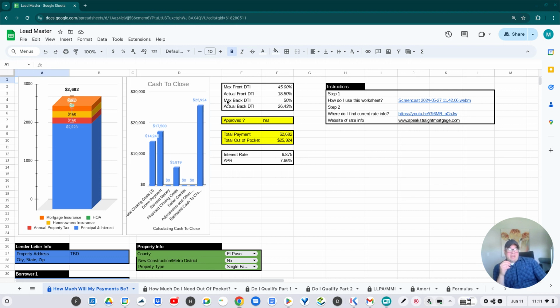Then there's the next section that says max back DTI. And same thing, debt to income ratio, but back DTI also factors in all the other debts on your credit report in most cases. Both of these are important to determine what you qualify for depending on loan type.